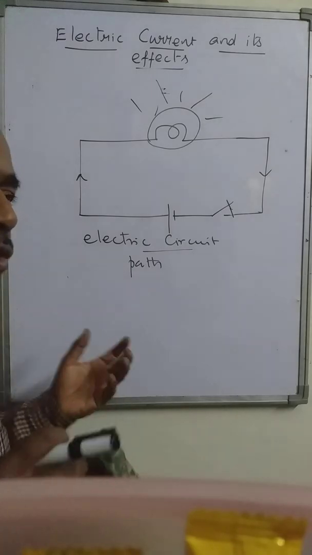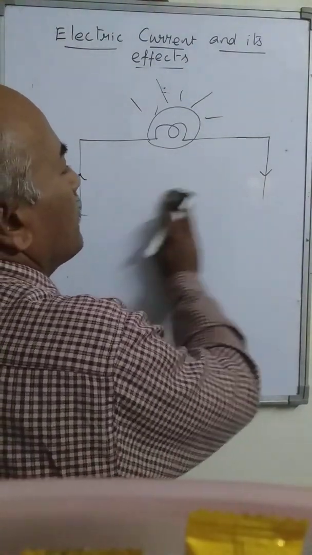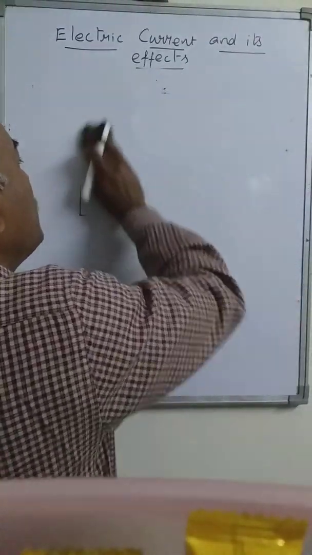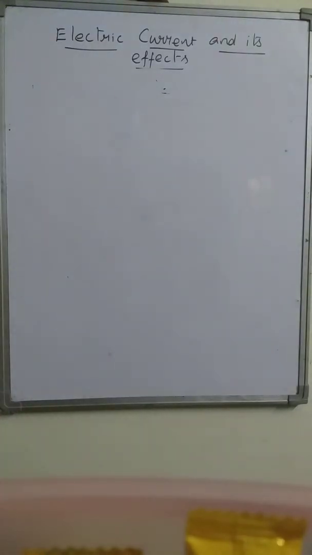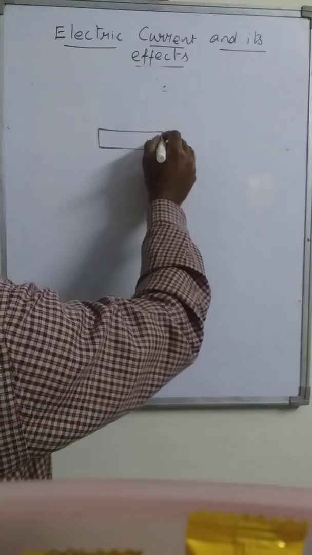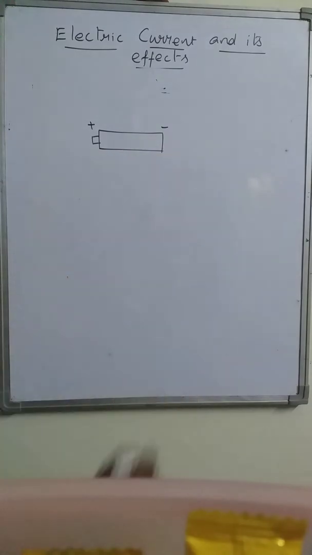Now, joining of the cells, connecting the cells together. How can these cells be joined together? Here I showed that. Suppose we have one cell. This is a single cell, with a positive terminal and a negative terminal.